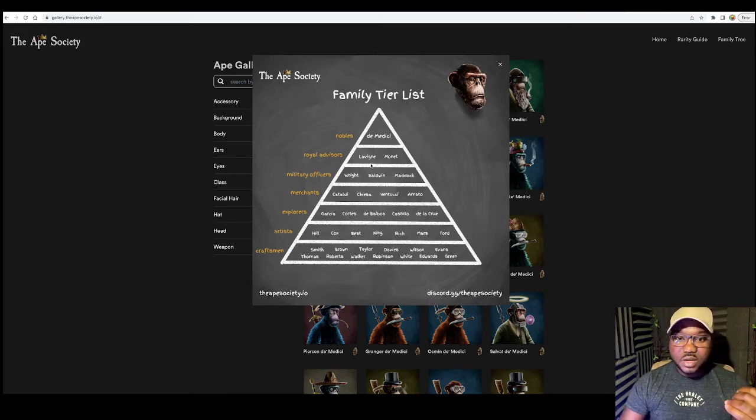And then you have royal advisors, Lavings, Ving, and Monet. I'm pretty sure I'm gonna mispronounce these names, but just pay attention to the detail. You don't need to pay attention to my pronunciations of these words. Now, the military officers, you have Wright, Baldwin, Maddock. Then you have the merchants.